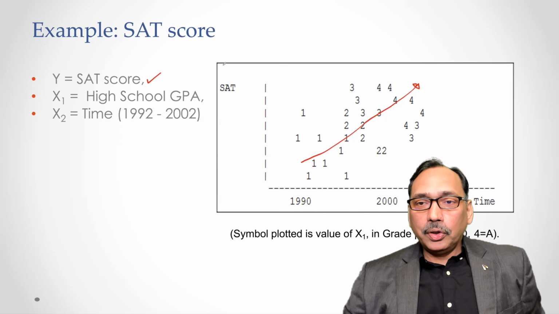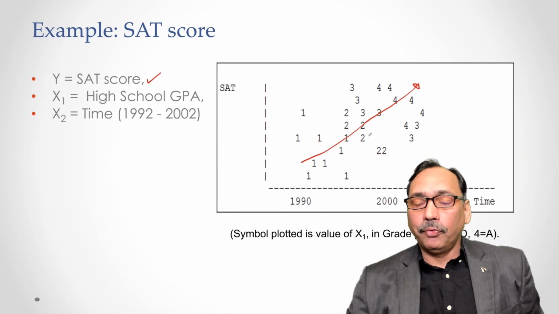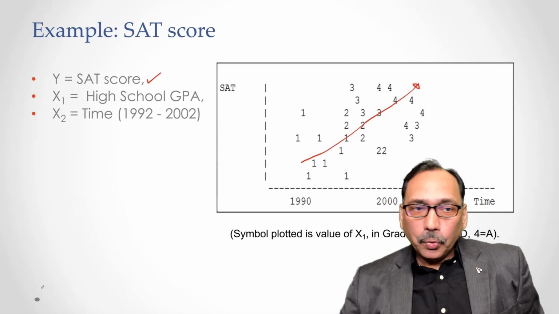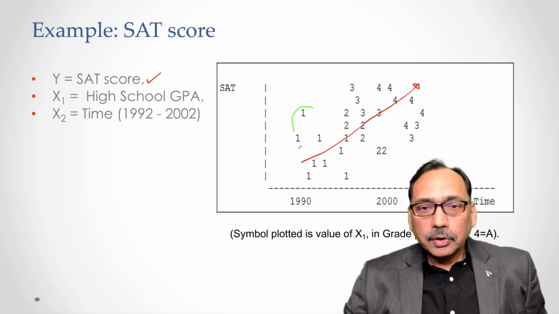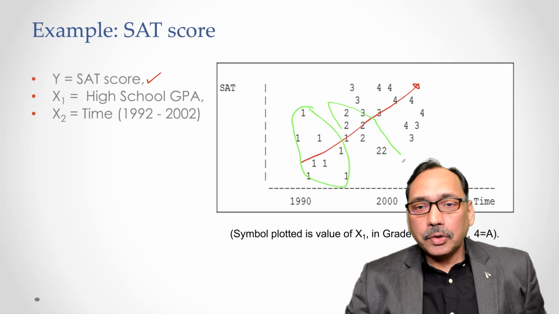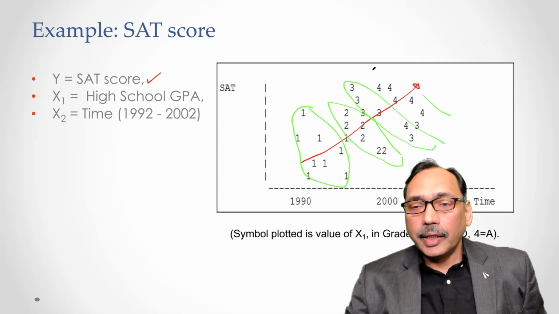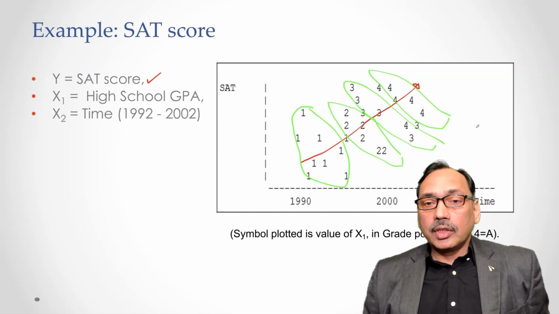But if you include the fact that for different GPAs, which are indicated by 1, 2, 3, and 4, within that, you can see when GPA is 1, when GPA is 2, when GPA is about 3, and when GPA is about 4. So for a given GPA, the trend is negative.